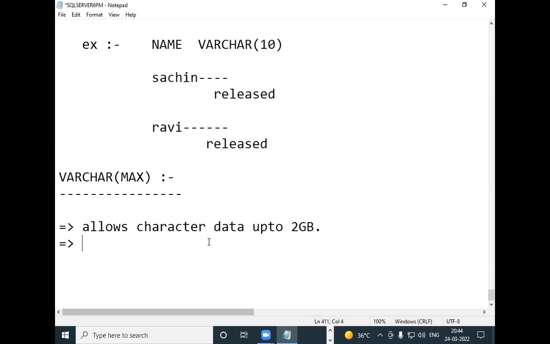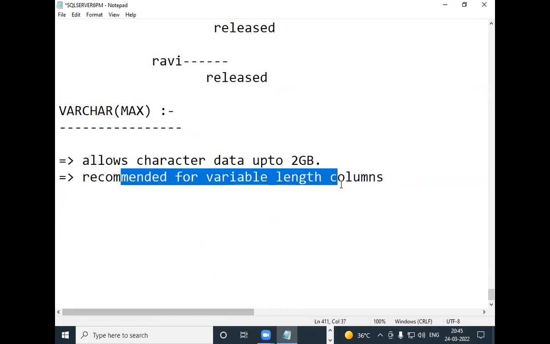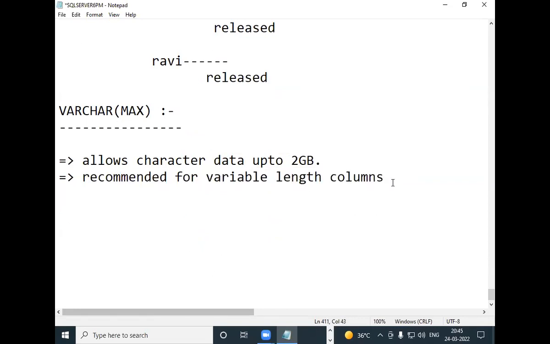Yes, 2 GB of text we can store. And it is also variable length; varchar means variable length. So it is recommended for variable length fields and columns.